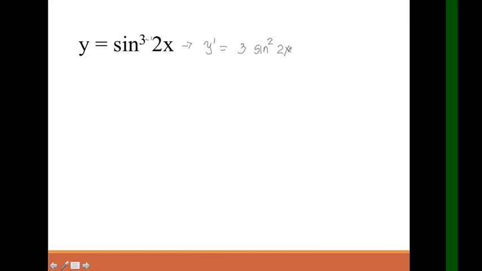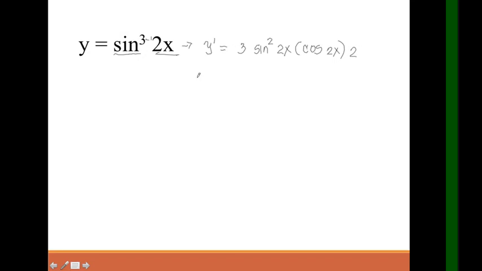Okay? And then, what is the derivative of sine 2x? Hindi kasama yung exponent. Derivative of sine 2x. So that is cosine 2x, right? Times, what is the derivative of 2x? And that is 2, yung katulad nung kanina.